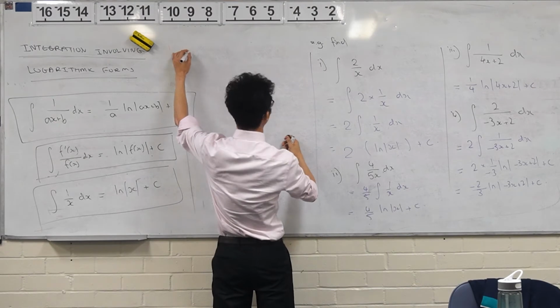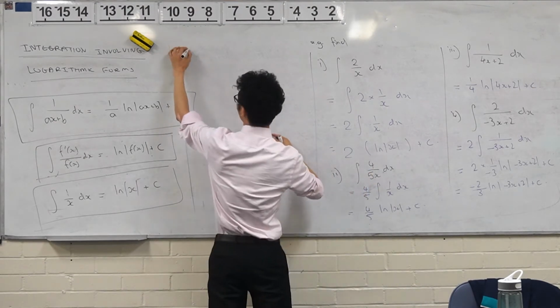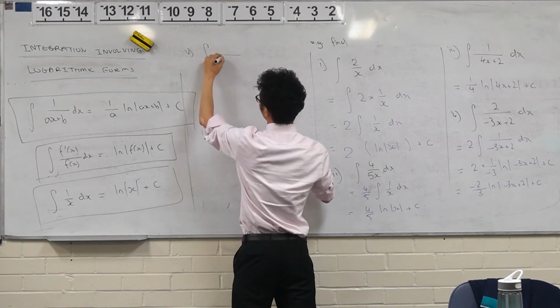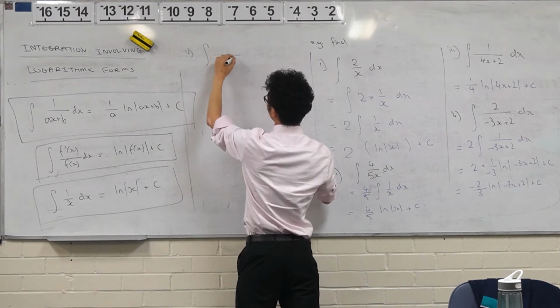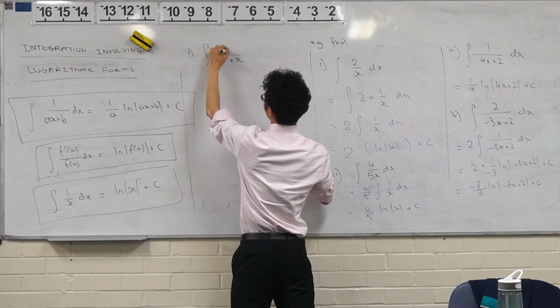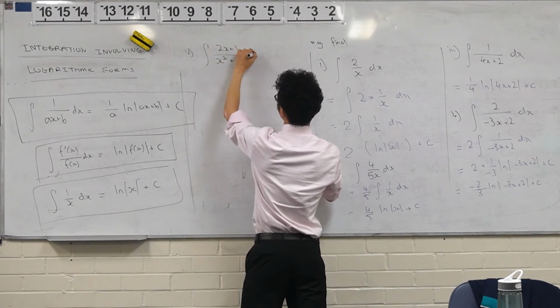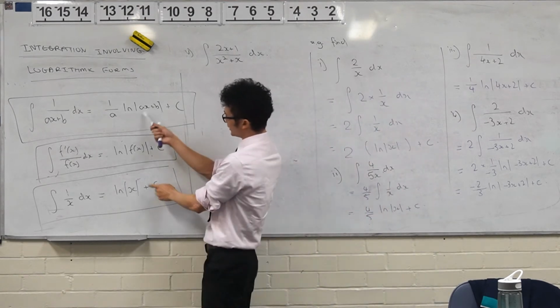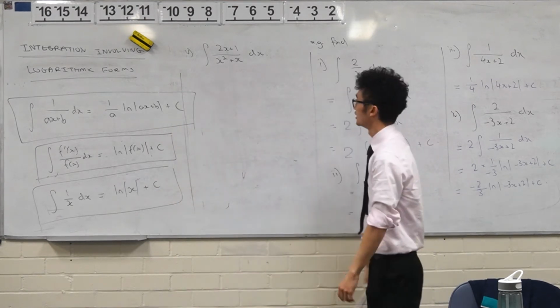So if I wanted to find, what are we up to? Example 5, right? If I wanted to find the integral of this expression here, I'd see, hey, hang on, it doesn't seem to match up with any of these forms because it's not a linear function anymore.